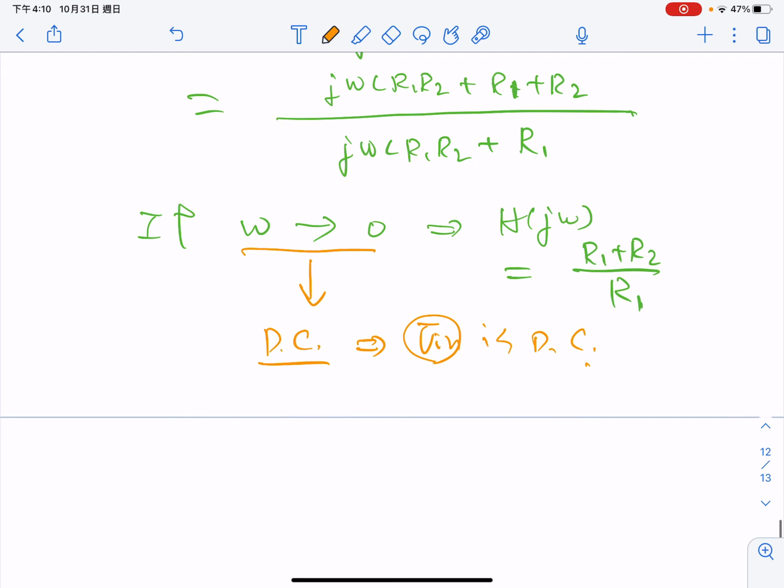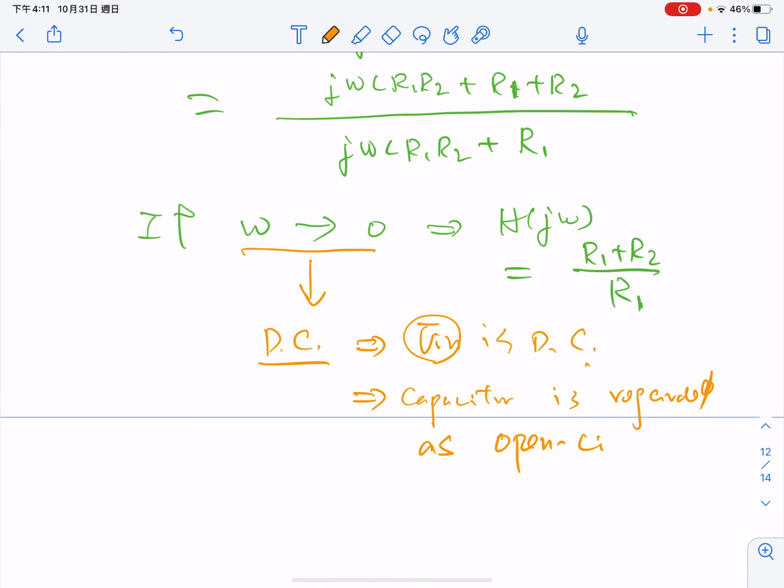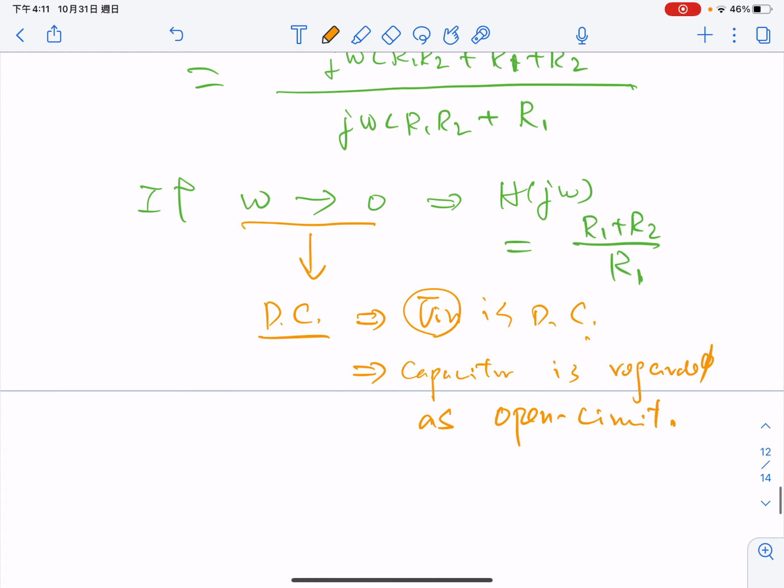In that case, the capacitor is regarded as an open circuit, right? So it's useless. So we still have this one.